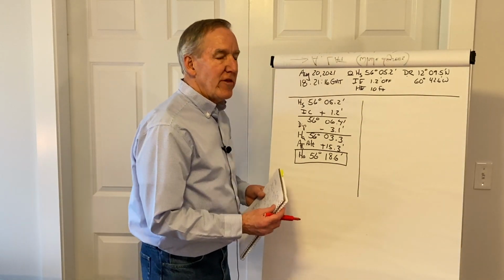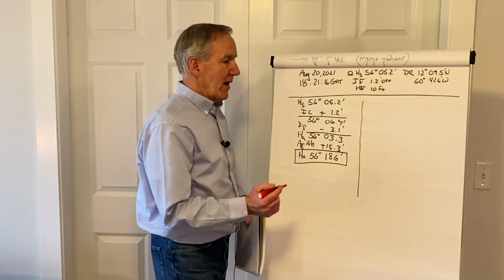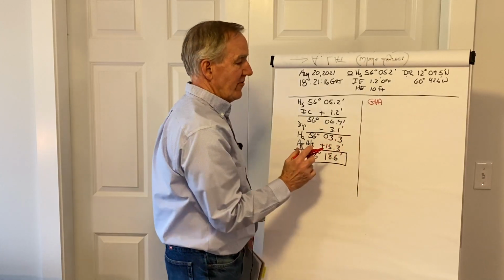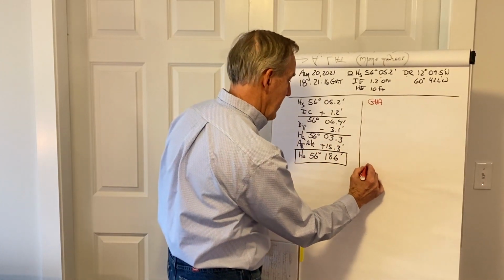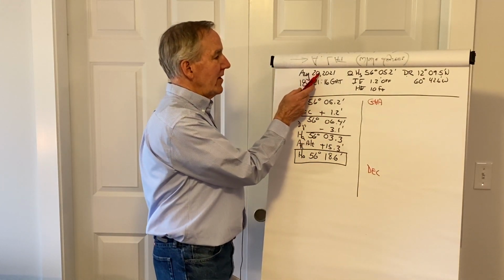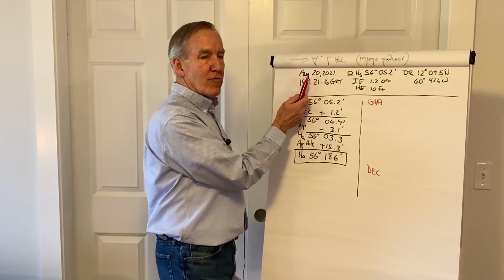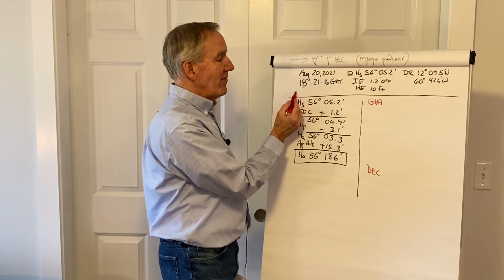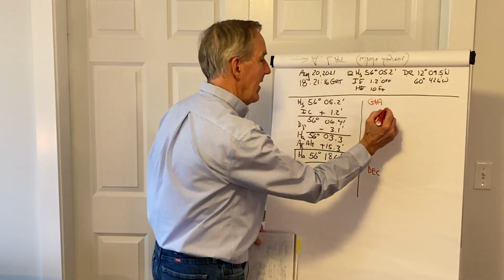Next, we go into the daily pages of the Nautical Almanac to find the GHA and declination. And we go into the box that has August 20th, 3 dates on each page, and slide down until we find the 18th hour of that day.